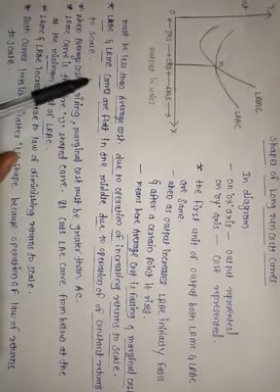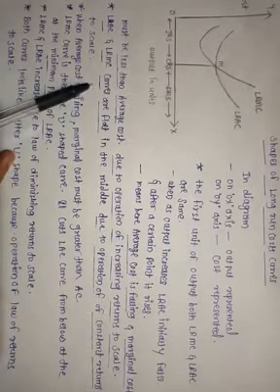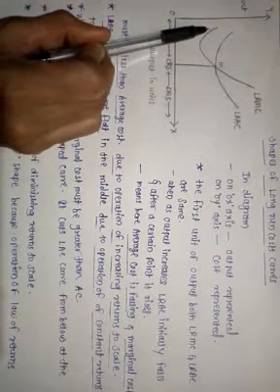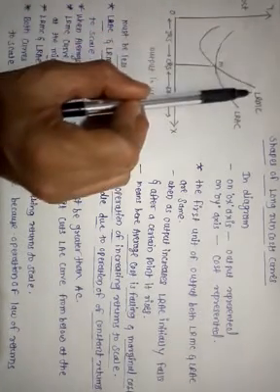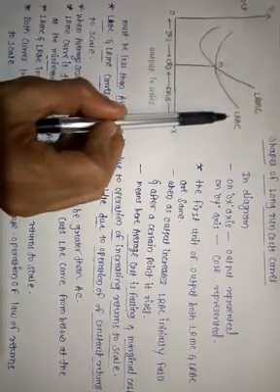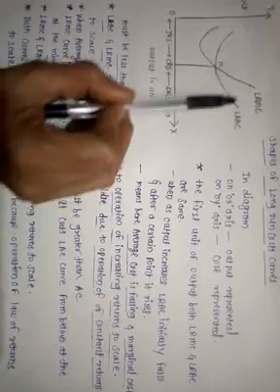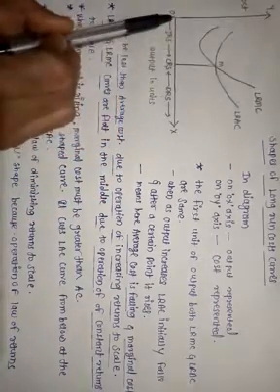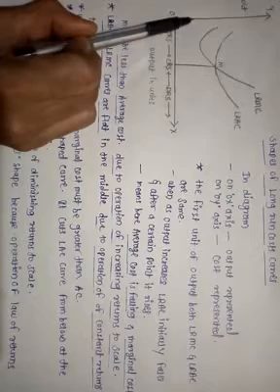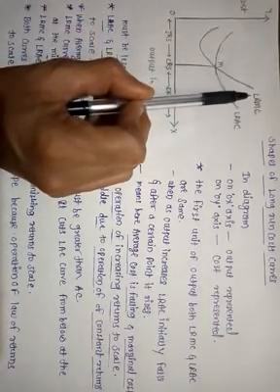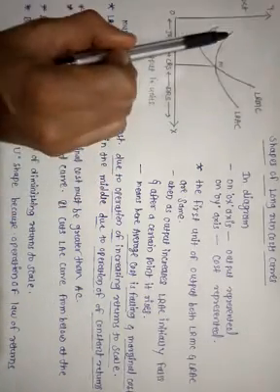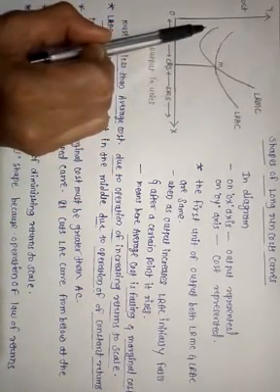If we observe here, we will come to know that for the first unit of output, the long run marginal cost curve and the long run average cost curve are the same.